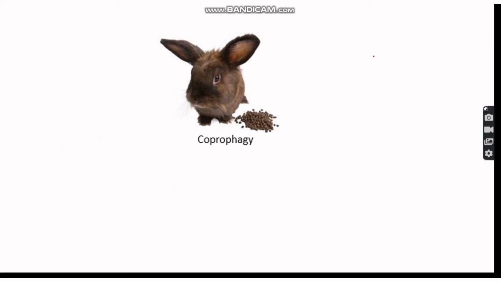Mammals like rabbits and pigs tend to re-ingest their feces. They eat their own feces. This act is known as coprophagy.